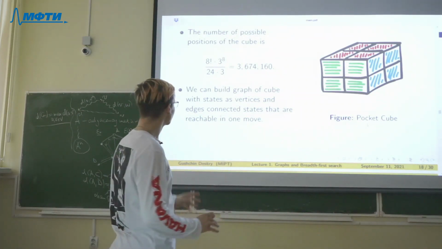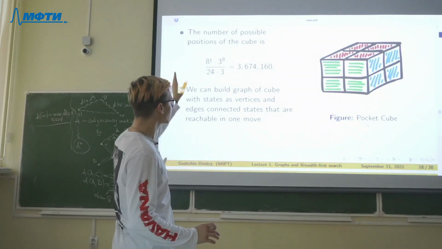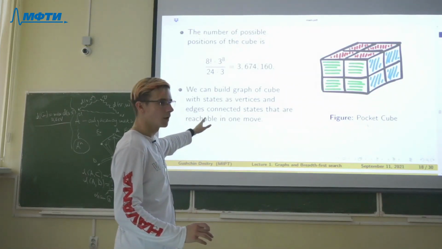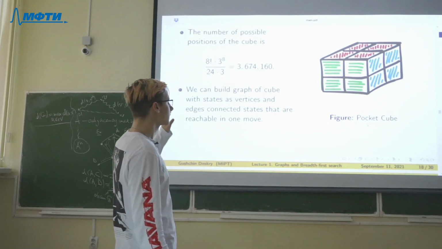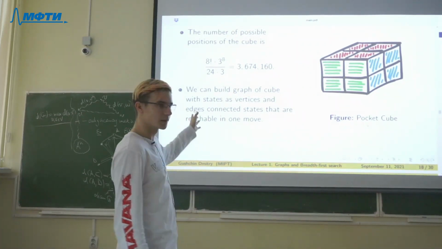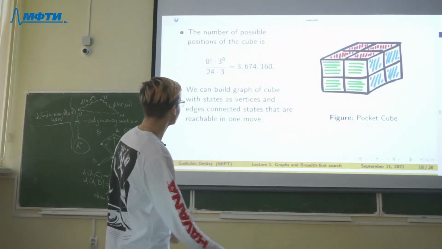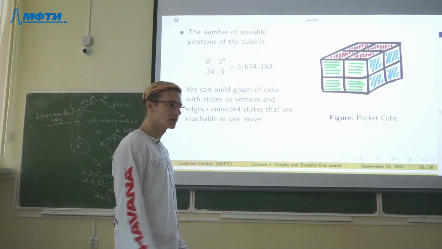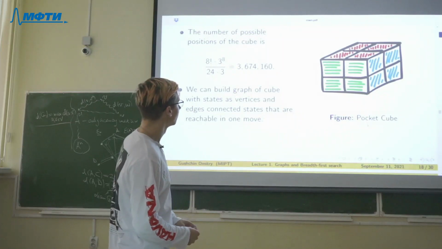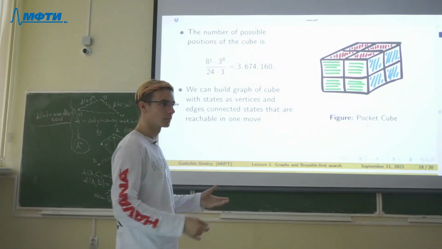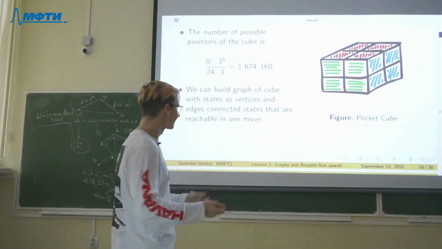So it doesn't matter how it counts, but you can understand that there are finite states. You have a cube, and there are only finite states that we can get when we transform it.